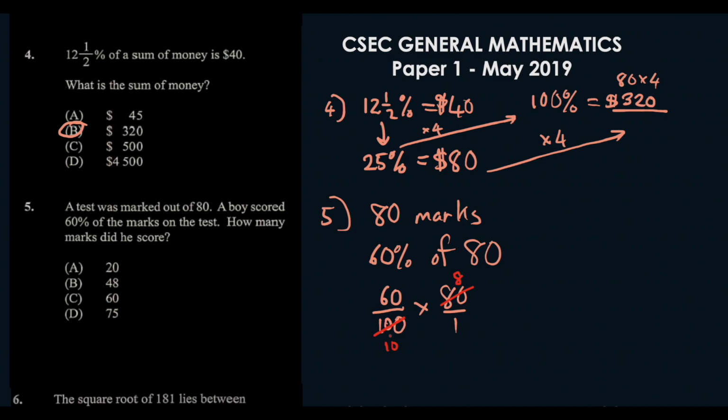So 10 could go into itself once, and 10 could go into 60 6 times. Now we're left with 6 times 8, which is 48, over 1 times 1, which is 1. Therefore, our answer is 48 marks. So he received 48 marks.